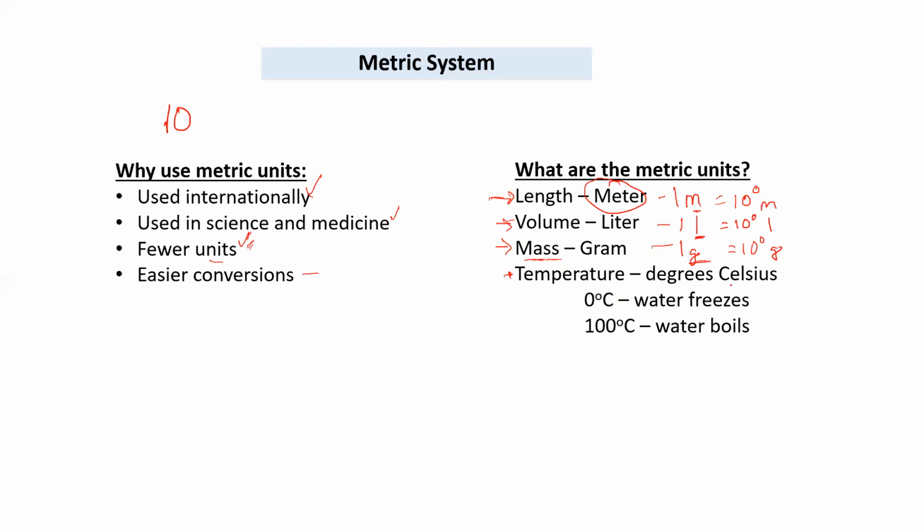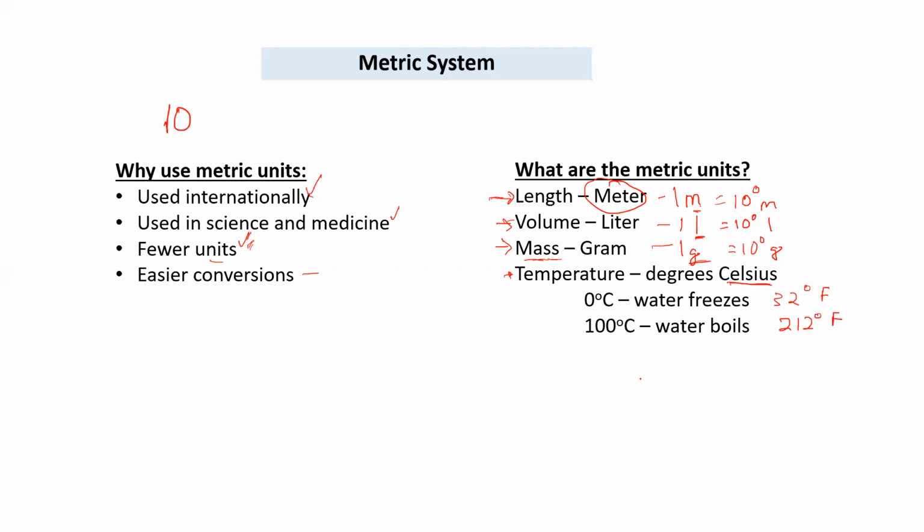So we use Celsius. Again, you can figure out how to do Celsius; it'll show you how to do Celsius conversion to Fahrenheit. Like the freezing temperature in Fahrenheit is 32 degrees Fahrenheit, and water boils at about 212 degrees Fahrenheit.